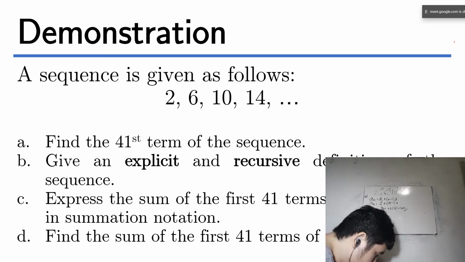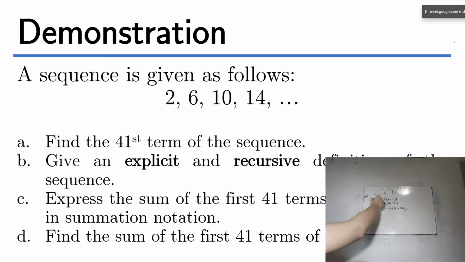So, I'm just going to put it like this. A sub n equals a sub 1, 2 plus n minus 1 times d, 4, equals 2 plus 4n minus 4, equals 4n minus 2. That's all.